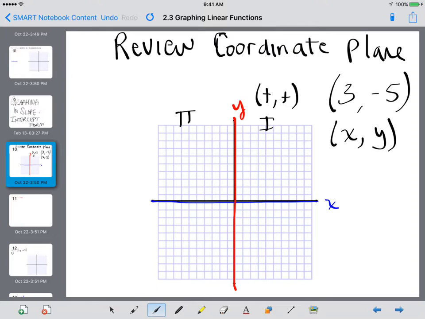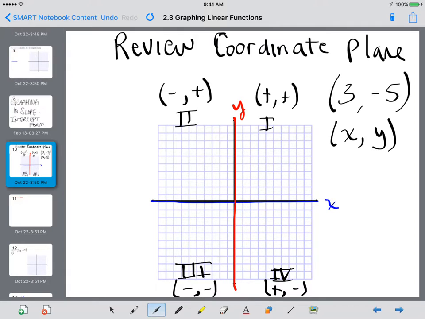To the left of it is quadrant 2, where the x value is negative and the y value is positive. Quadrant 3 is right here where the x value is negative and the y value is negative. And quadrant 4 here is where the x value is positive, the y value is negative.